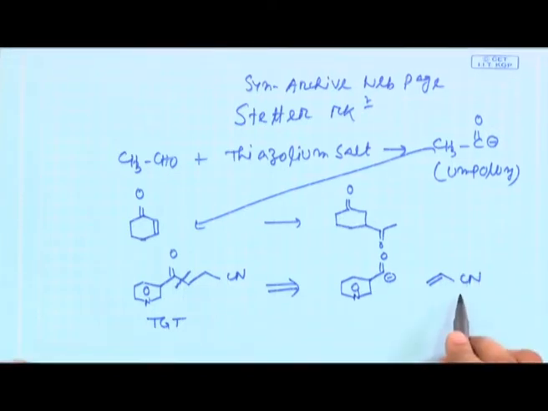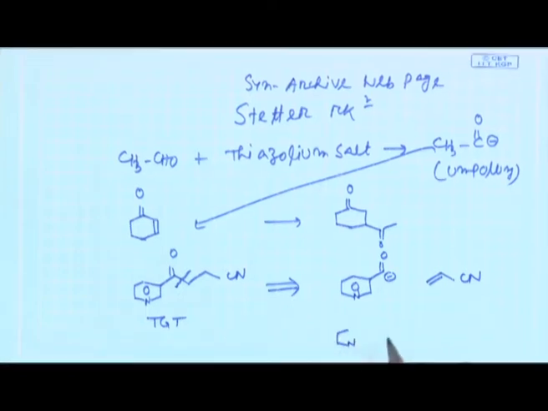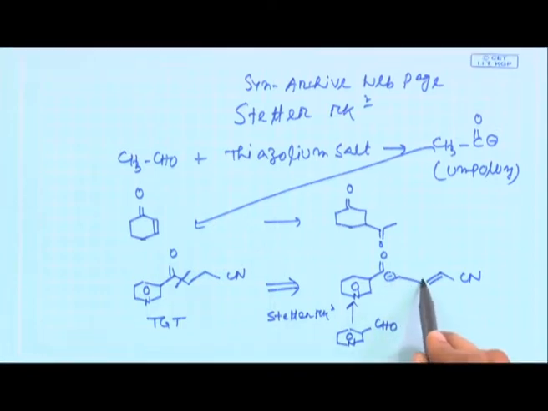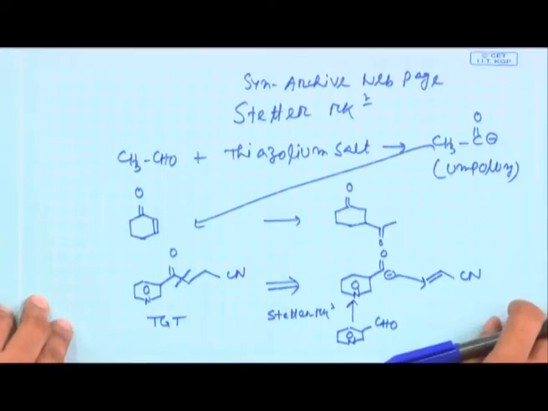You can use acrylonitrile. So, you start with your 3-pyridine carboxaldehyde as a parent aldehyde exposed to thiazolium chloride or the Stetter reaction condition. Now, this reaction condition will make sure this species will generate, and then it attacks in Michael fashion, and then basically you will get the target molecule.